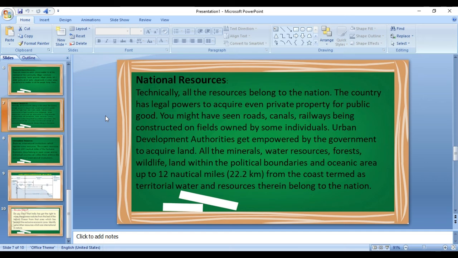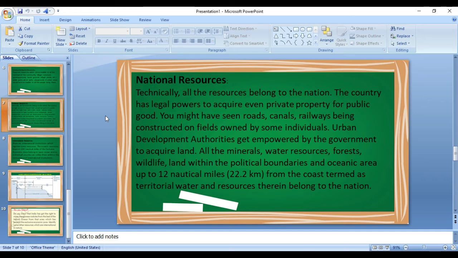Land within the political boundary and oceanic area up to 12 nautical miles. So 12 nautical miles means 22.2 kilometers. It is as mentioned here. From the coast, termed as territorial water, and the resources therein belong to the nation. Now we know that from the coastline, we draw a baseline.